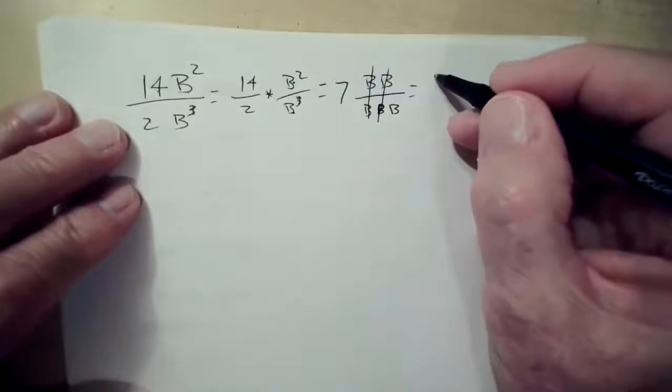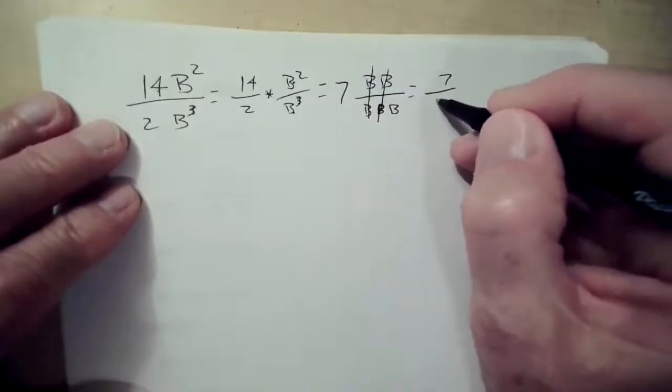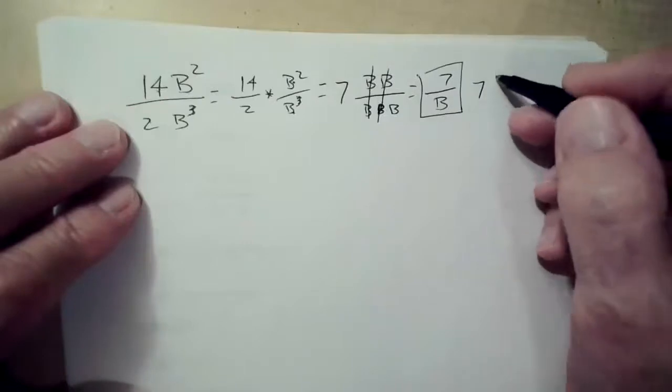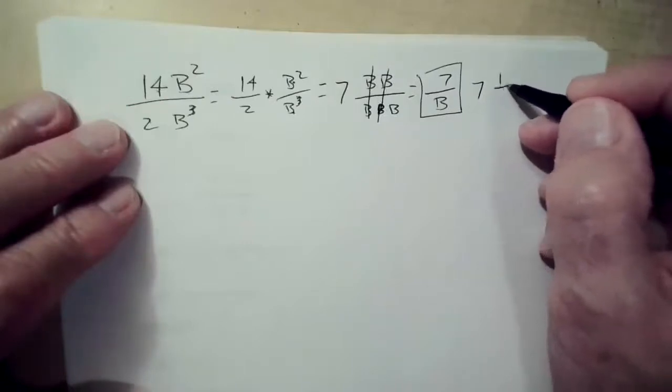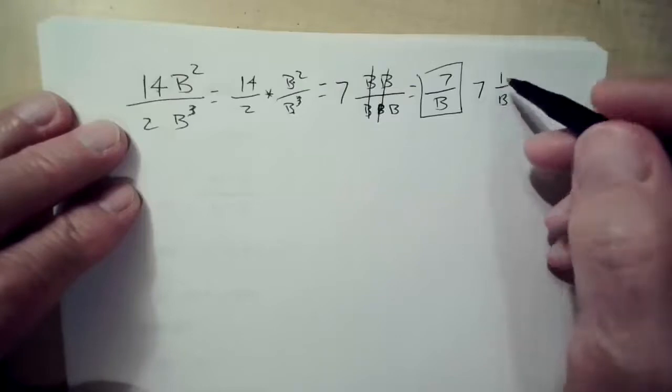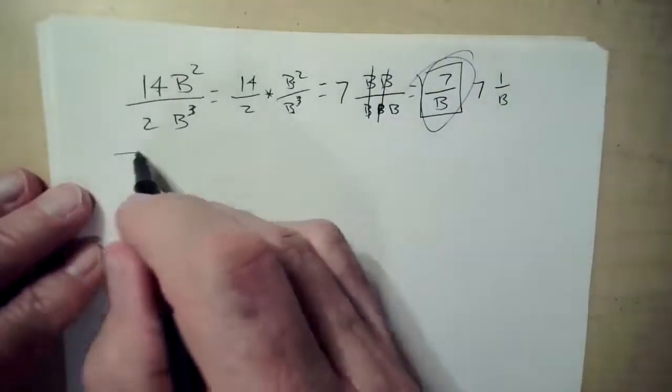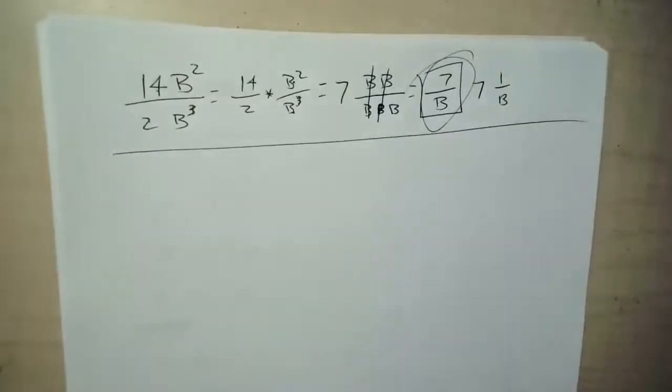Okay, any number divided by itself is 1. So we can put the 7 in the numerator, 7 over b. Or you can put it out front, it doesn't make any difference, 7 times 1 over b. But this is typically how we're going to do it.